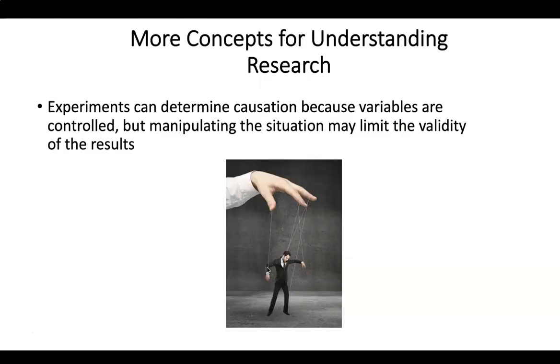Validity means that you found this interesting thing in an experiment, but is that just the result of that experimental condition? And can you find the same sort of behavior and responses in the outside, quote unquote, real world?